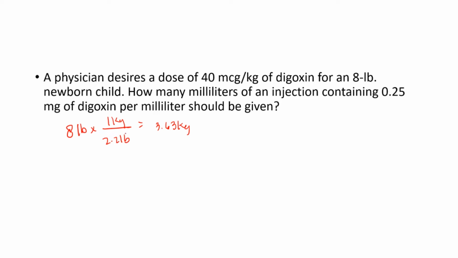So to get the correct dose, we have to multiply the weight by the dose, 3.63 kilograms, multiplied by the dose, which is 40 micrograms per kilogram.